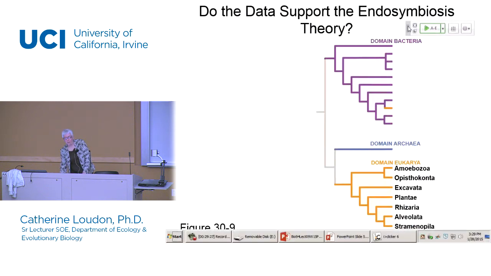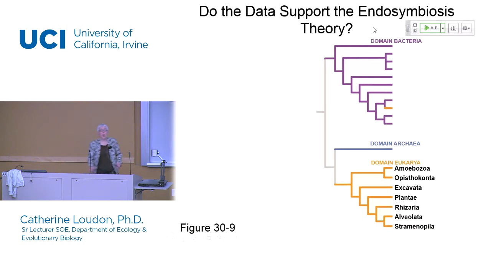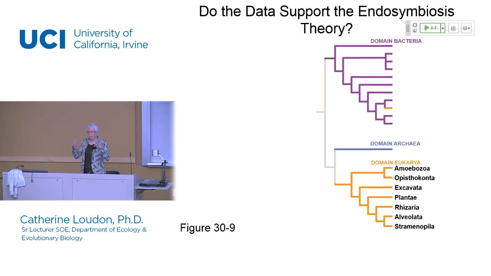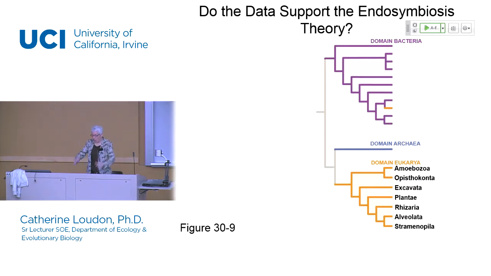So, do the data support the endosymbiosis theory? Once it was discovered that there was actually DNA inside the mitochondria, then it was clear that there was one source of evidence that could be used to test the idea that mitochondria, in fact, were of bacterial origin, right? So I'll put mitochondria question mark up here.